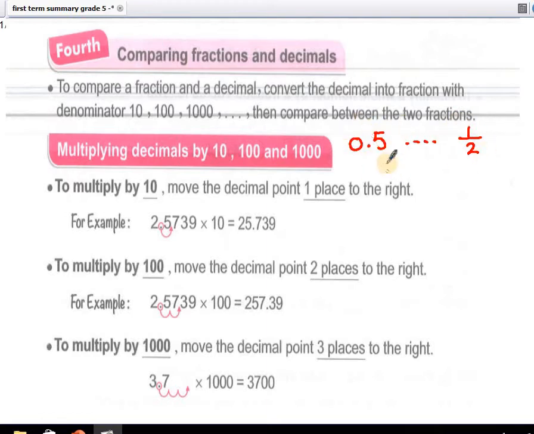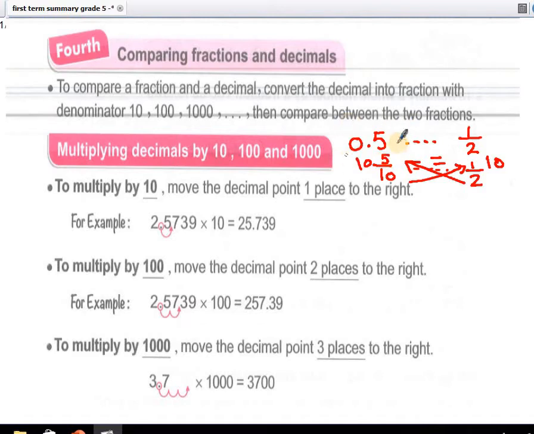I should do what I know. The 0.5, it equals what? 1/2. Okay, but if I want to make it in another way, 5/10 and 1/2, and then I'm gonna make what? Cross multiplication. 2 by 5, it's 10, and 10 by 1, it's 10. So here they are equal.